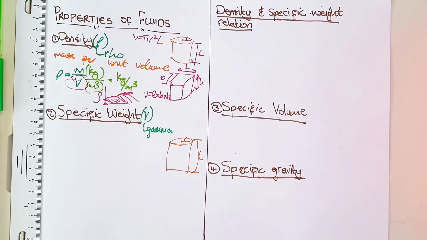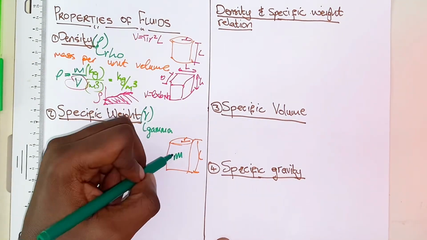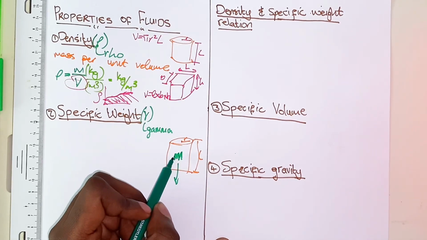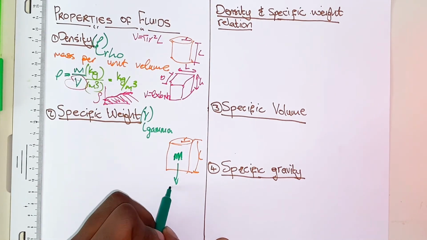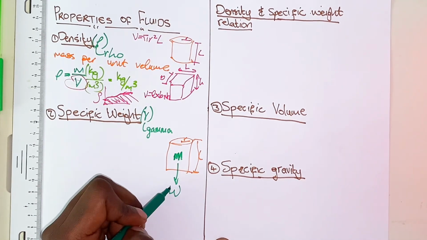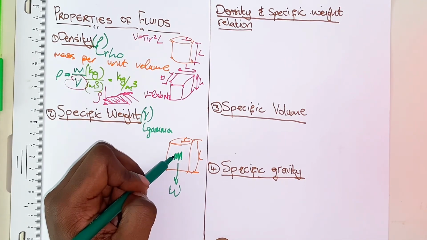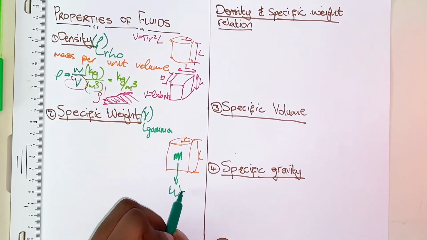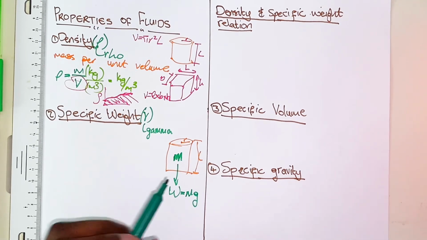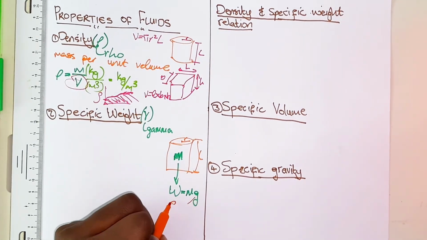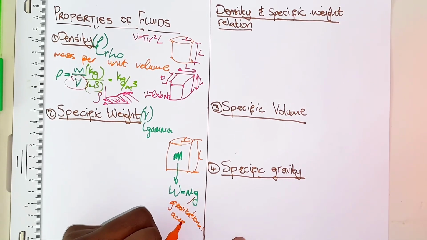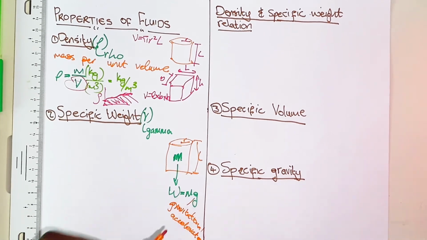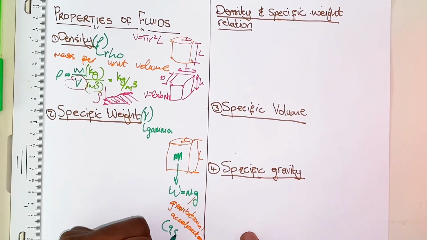Now, because our material here has mass, gravitation will exert a force on this mass, pulling it downwards, and we call that weight. Now, weight is the gravitational force that is acting on this mass, and we find it by taking the mass multiplied by the gravitational acceleration, which is usually 9.8 meters per second squared.